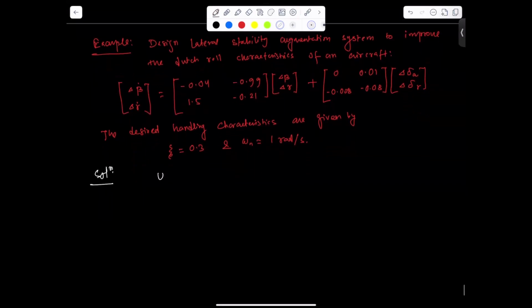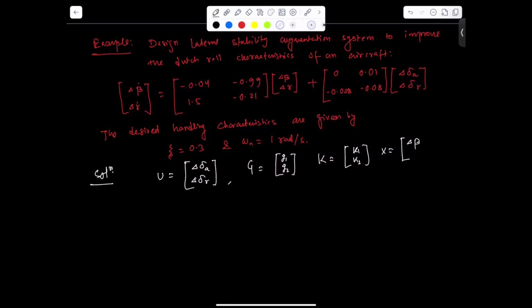So here U we can define as delta A and delta R. And G we are defining as G1 and G2. And K, K1, K2. And X is the state vector delta beta and delta r.